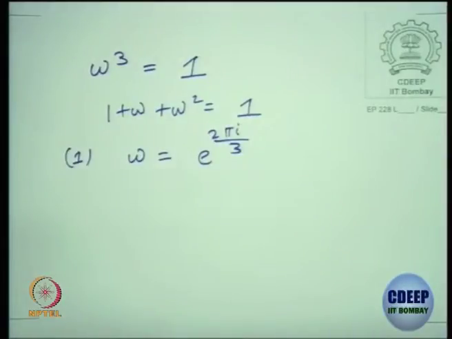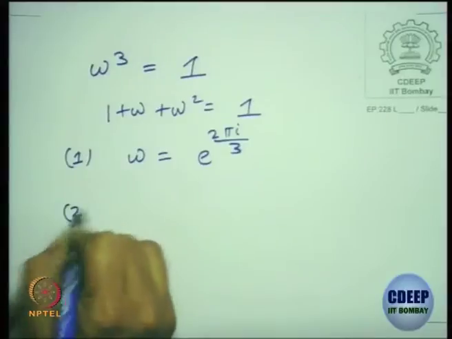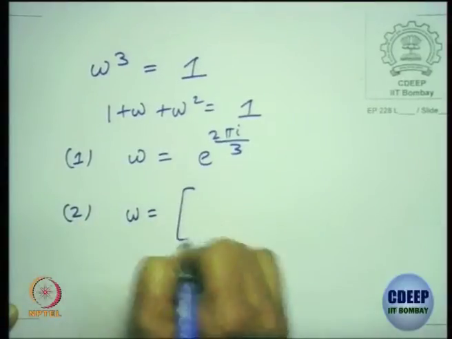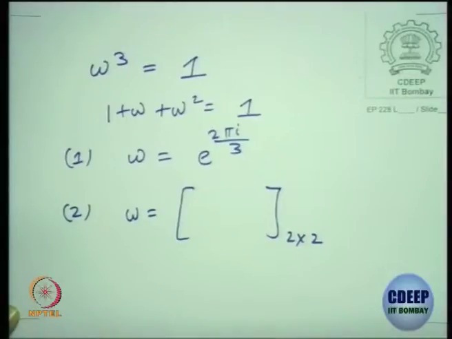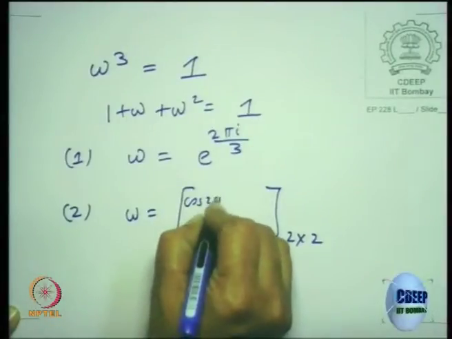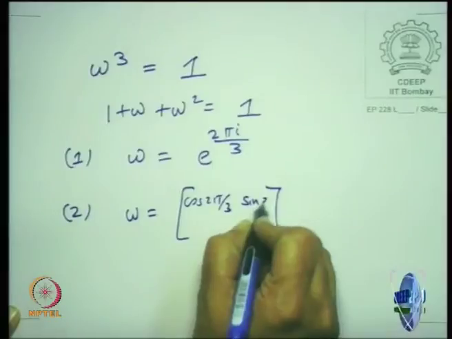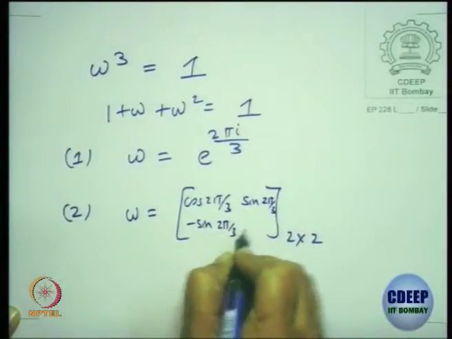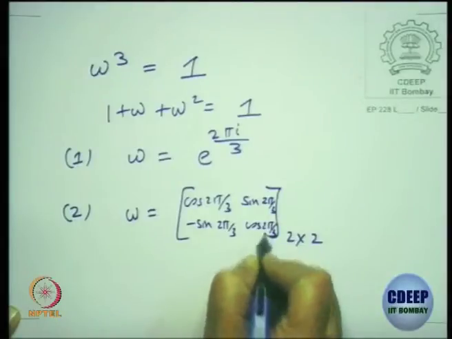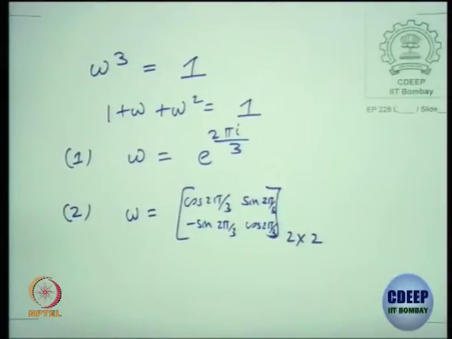This is one representation. The second representation is omega written as a 2 cross 2 matrix: cos 2 pi by 3, sin 2 pi by 3, minus sin 2 pi by 3, cos 2 pi by 3. So, these are called representations. Why representation?